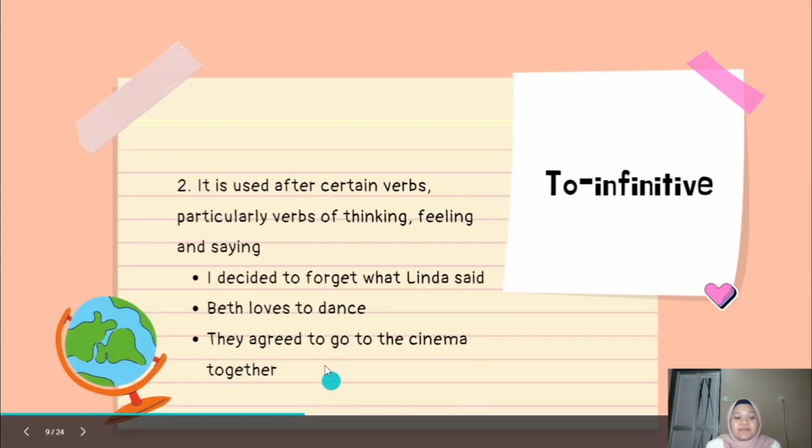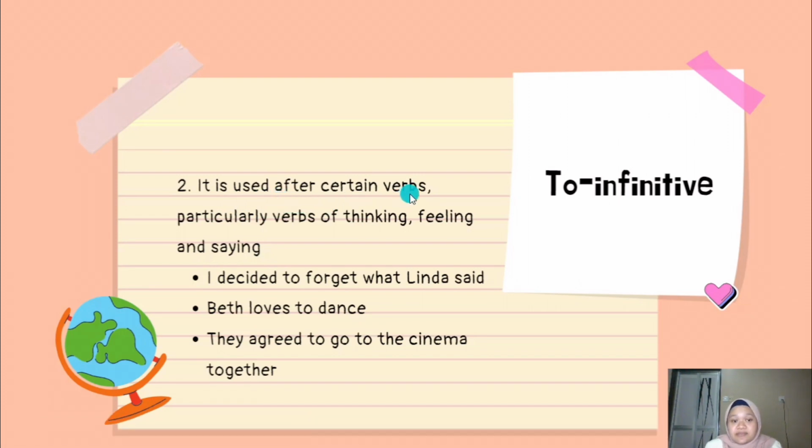Here, it is used after certain verbs, particularly verbs of thinking, feeling, and saying. Okay, so the to infinitive can also be used after certain verbs such as thinking, feeling, and saying.